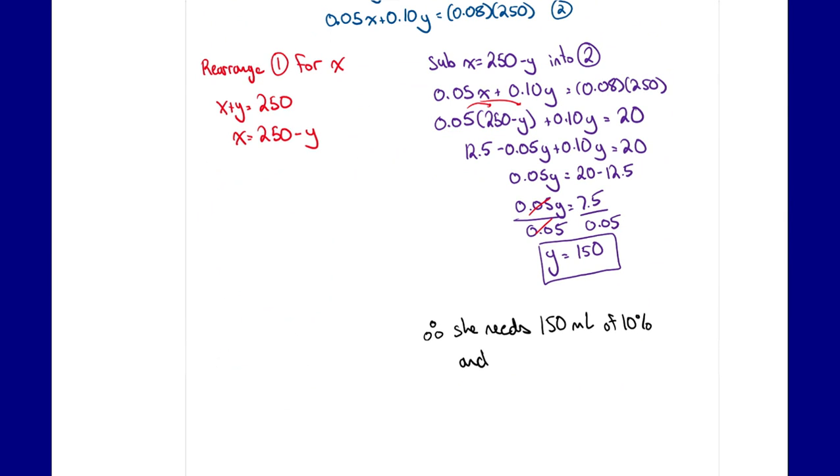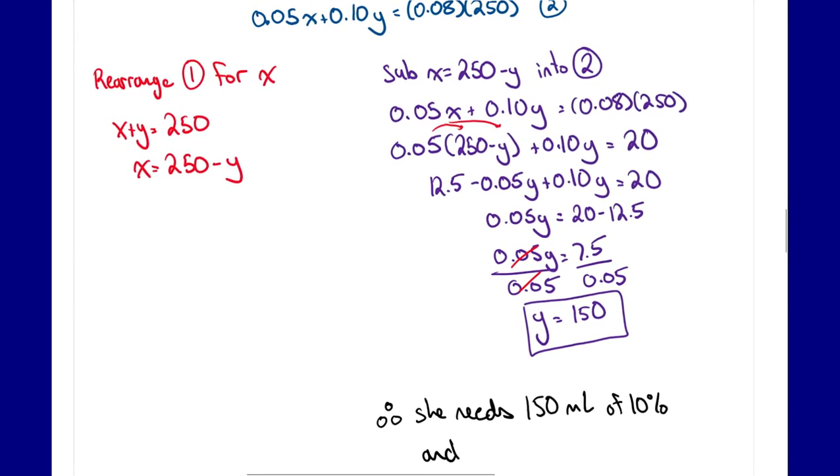And now we're going to fill out the rest. We're going to find the other value. So we take that y value that we found and plug it into an equation. Sub y equals 150 into equation 1, just because it is easier, but again, you could plug it into either one.